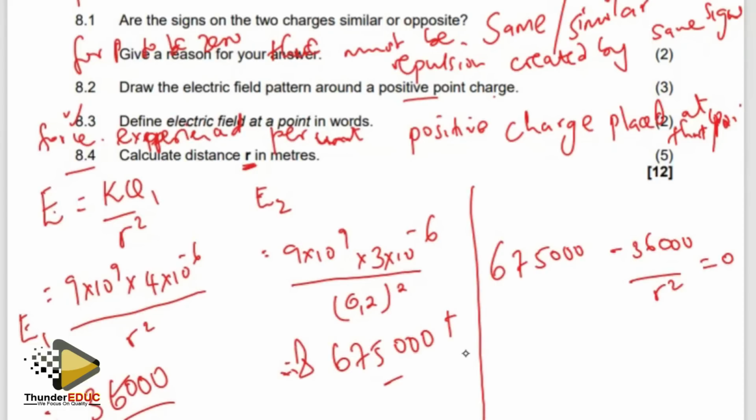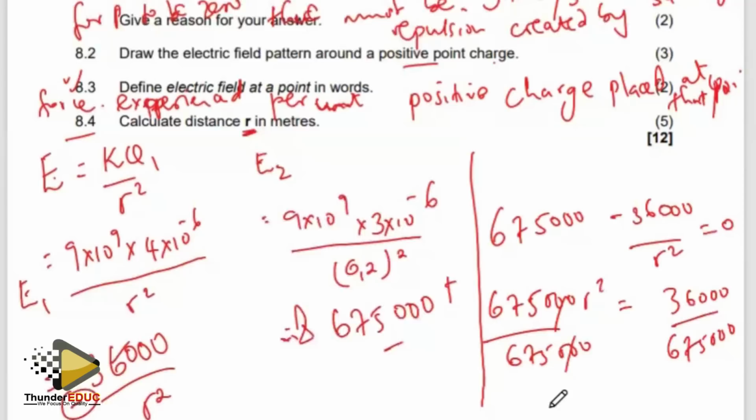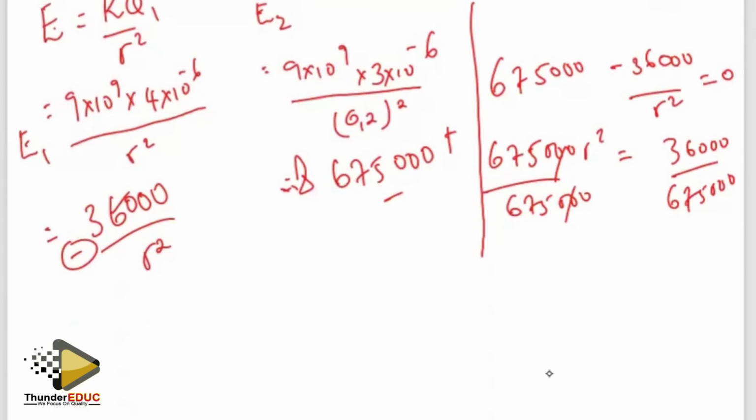Then what we need to do is make r squared the subject. So 675,000 r squared is equal to 36,000. Then I'll divide by 675,000 over 675,000. This cancels that, and then what I'm left with is just getting the square root. We can cancel those 3 zeros.